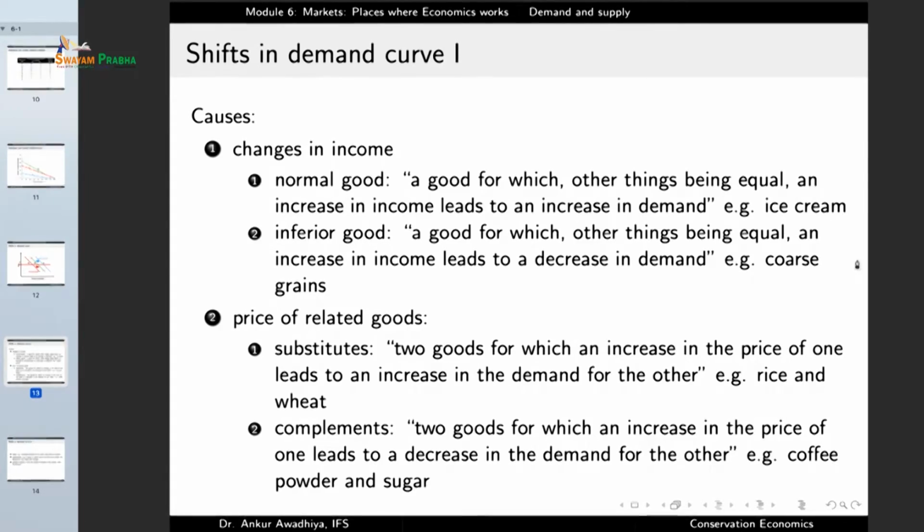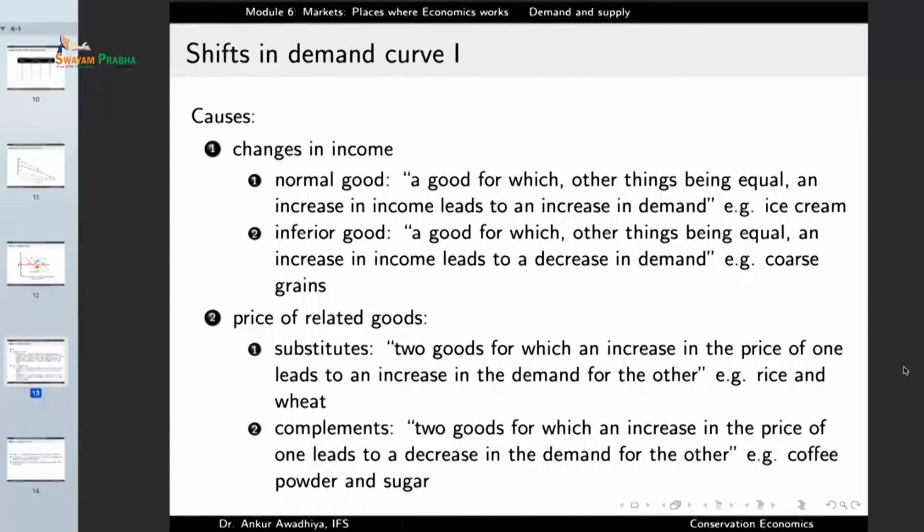So what we are saying here is that if your income is 10,000 rupees a month and you are demanding say 3 ice creams in a month, and your income increases, so in place of earning 10,000 rupees a month, you are now earning 30,000 rupees a month, then the number of ice creams that you will demand will also increase. In that case, we say that it is a normal good.